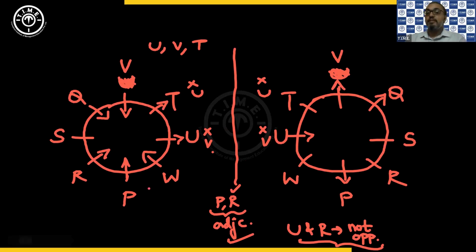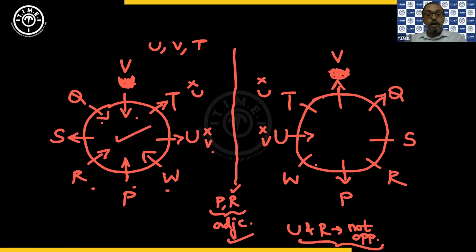Then T will be away from the center. Correct? And then S and Q face opposite directions, so S also will be away from the center. So check, am I getting 5 people facing the center here? We have R, P, W, V and Q. Yes, there are 5 people facing the center, 3 people away.